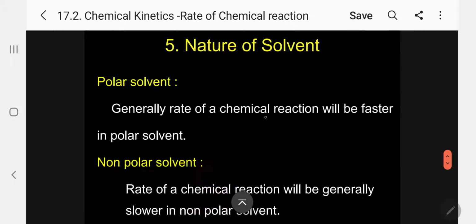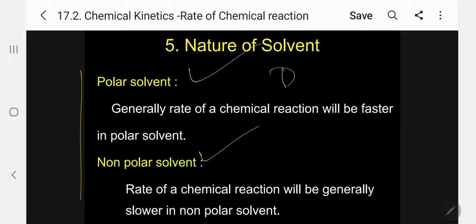Please follow. Nature of the solvent plays another important role which affects the rate. So I can classify solvents into two: polar solvent and non-polar solvent. What is polar and non-polar? That is based on the dielectric constant.